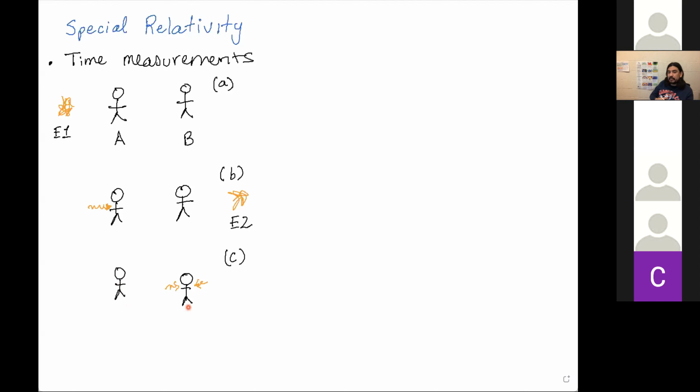What would A say? No, right? But what would B say? B would say yes, because he gets notice of this event and this event happening simultaneously, right? So who's right? They both are.